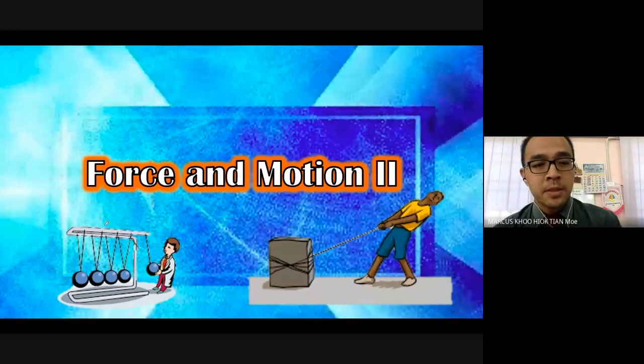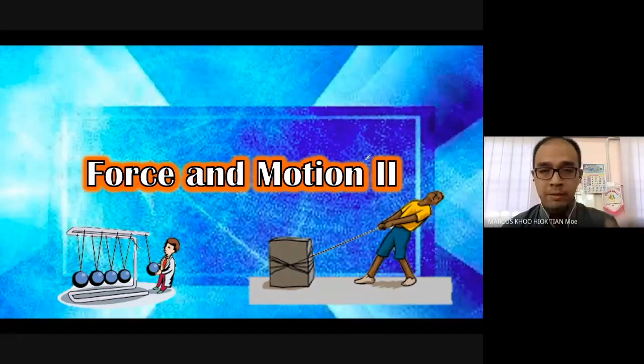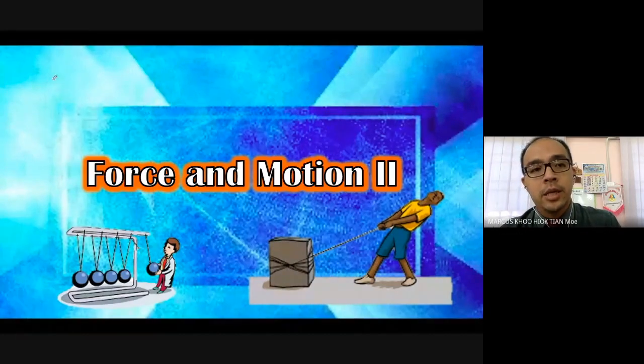Okay. So this is a continuation of our chapter 1 in Form 4, which is Forces and Motion 1. Which I said much earlier that one of the most important things that we learned in chapter 2 in Form 4 is Newton's second law, which is force equals to mass times acceleration.